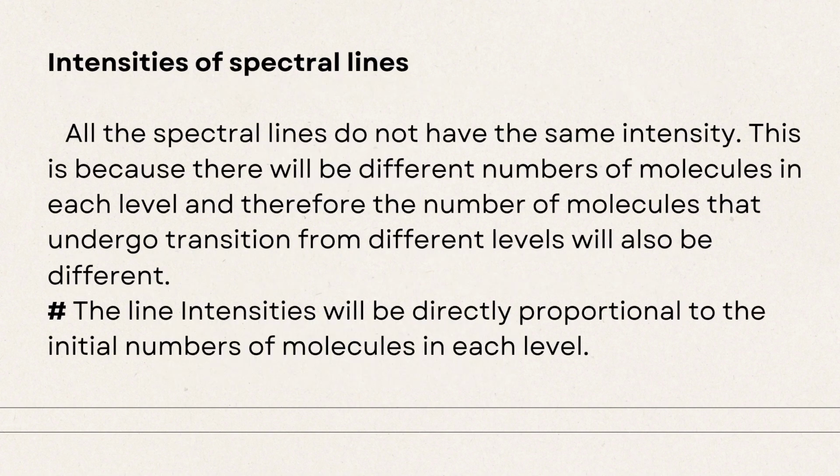Then the intensity of spectral lines. All spectral lines do not have the same intensity. This is because there will be a different number of molecules in each level, and therefore the number of molecules that undergo transition from different levels will also be different. The line intensity will be directly proportional to the initial number of molecules in each level.